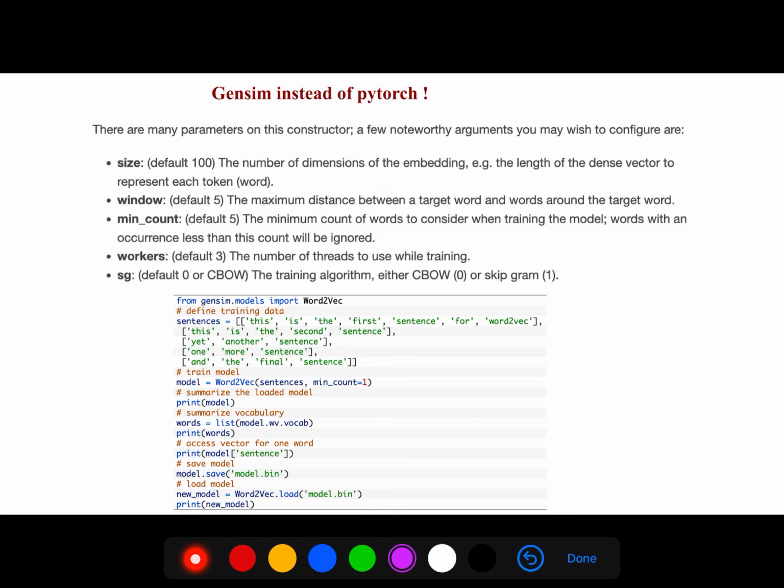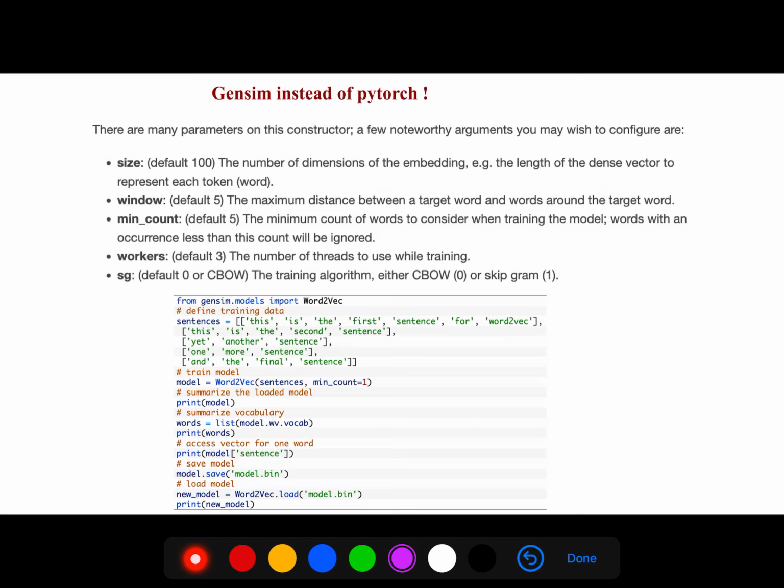But if you want to have your own complex ideas of hierarchical softmax and a more advanced way of negative sampling, and even different paradigms in order to avoid the problem that I will talk about, then you should implement it yourself in PyTorch. But if you want just a simple model with the already proposed ideas in word2vec, use Gensim.